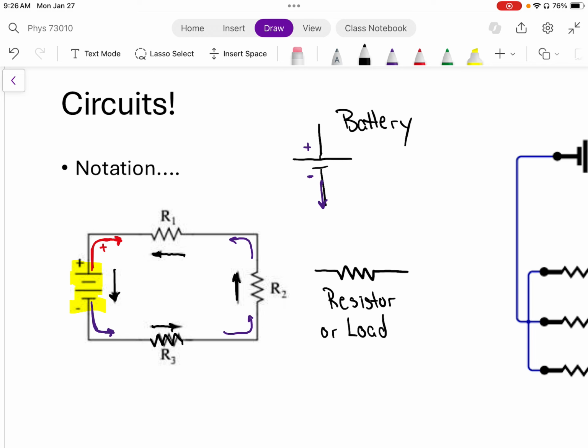Maybe it's a light bulb, maybe it's a little motor, maybe it's like the screen on your cell phone. Anything that uses up electrical power, we can draw with that generic squiggly line. It could literally be a resistor, or it could be an actual device, just for simplicity. There are other symbols for light bulbs and things, but often we just draw them as those bumpy line things.